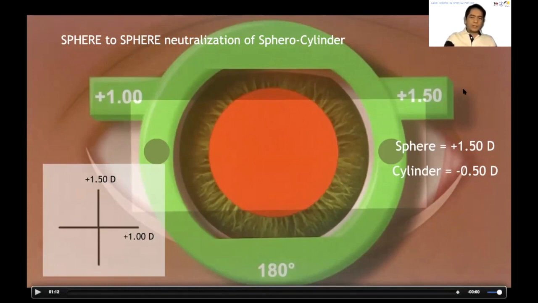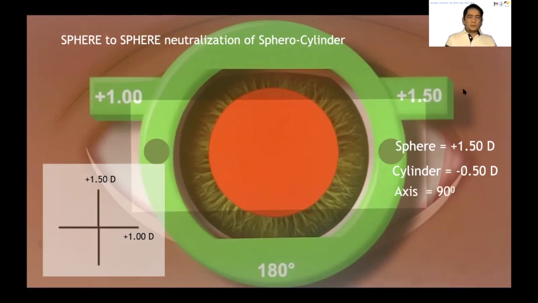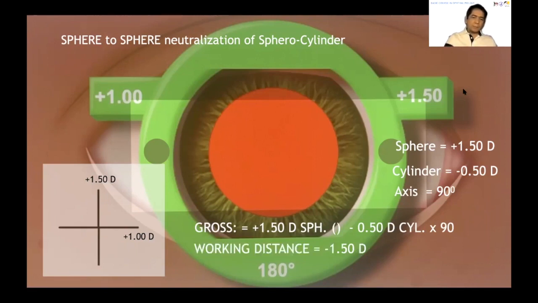And your axis, look at the power cross. The one with the higher plus will be your axis. That is the flatter meridian. So that is axis 90. So the combination now for your gross is plus 1.50 diopter sphere combined with minus 0.50 diopter cylinder at axis 90.